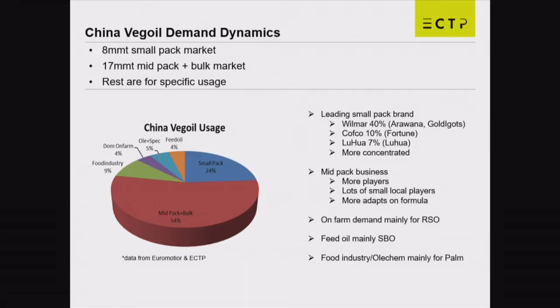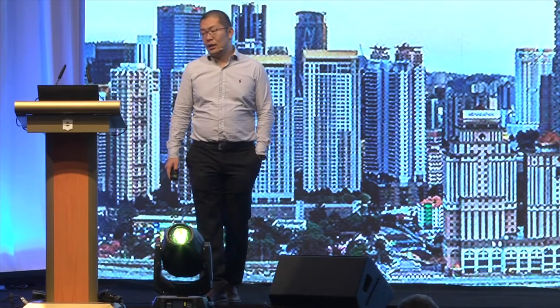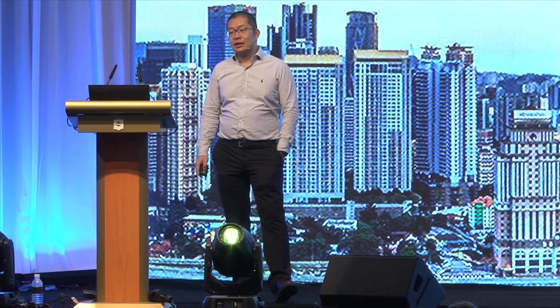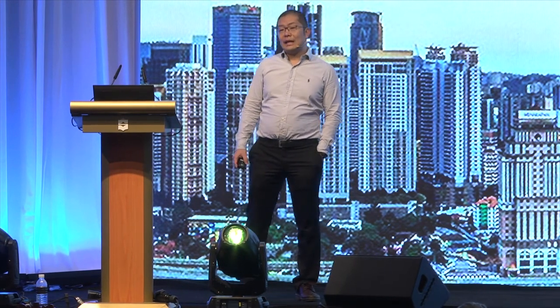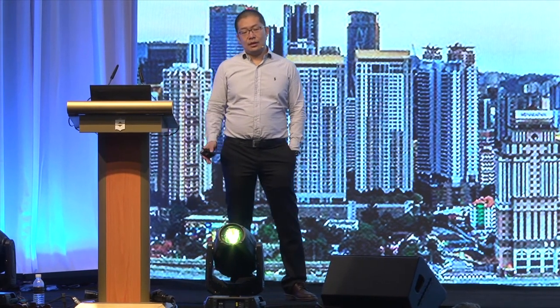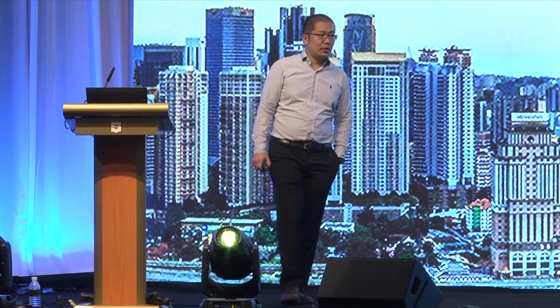Basically, Wilmar, with their Arowana brand, takes about 40% of the overall Chinese small pack market, and consumers recognize the brand very well. The second place is Cofco, at roughly 10%. The third place is Lu Hua, a local player specialized in groundnut oil production.